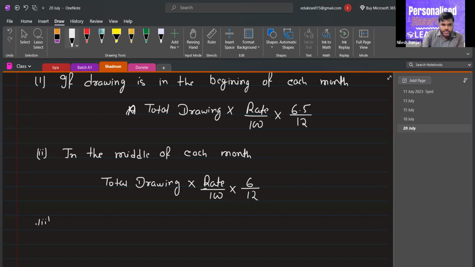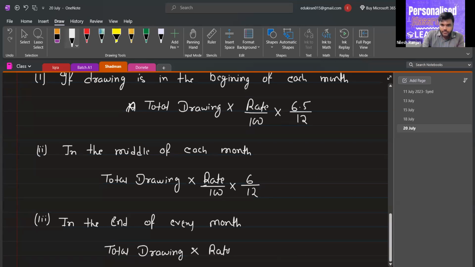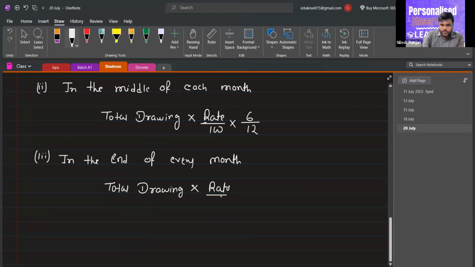And the third one is in the end of every month. So total drawing into rate by 100 into 5.5 divided by 12.